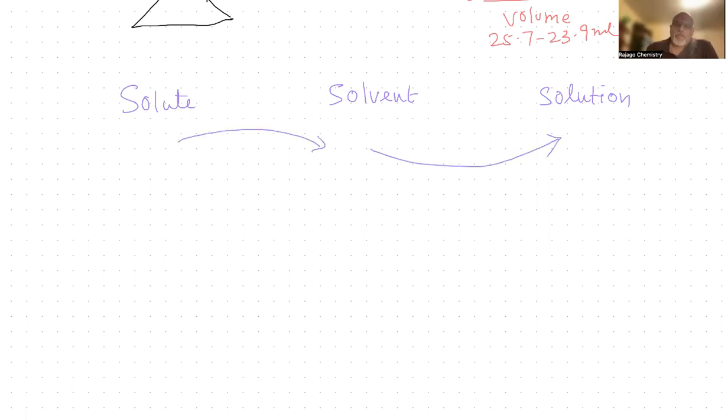The next one we are going to learn about is what is a solute, what is a solvent, what is a solution. A solute is a substance that is added into a solvent to make a solution. We take sugar and add it to water to make a sugar solution.